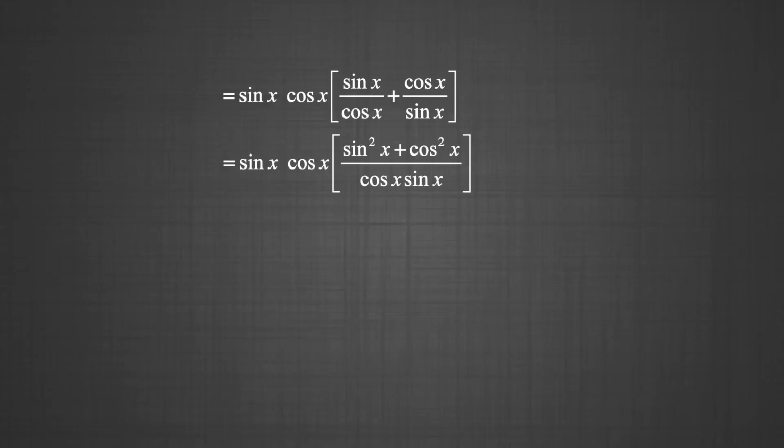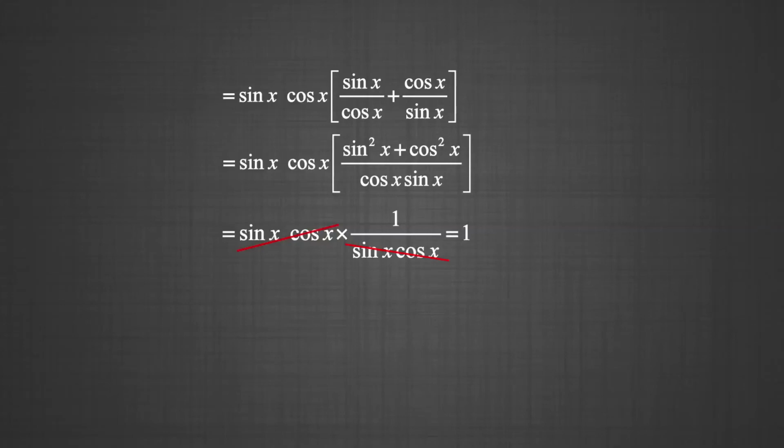Value of sin square x plus cos square x is equal to 1. So, our left hand side is sin x into cos x into 1 upon sin x into cos x. On cancelling sin x and cos x, we get the left hand side as 1, which is equal to our right hand side.